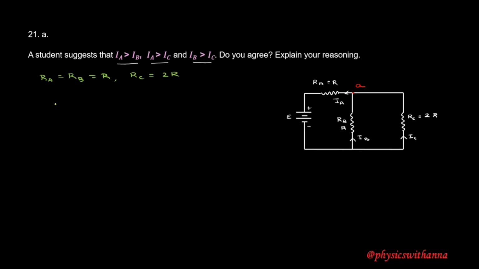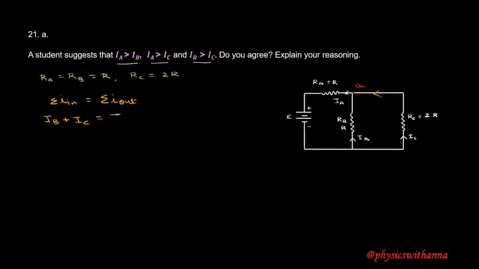We know from Kirchhoff's junction rule, the sum of all currents entering the junction has to be equal to the sum of currents leaving the junction. At junction A, we have two currents entering, current IB and current IC. So I can write IB plus IC equal, only one current is leaving the junction, which is current IA.